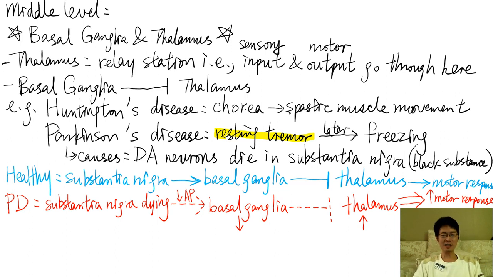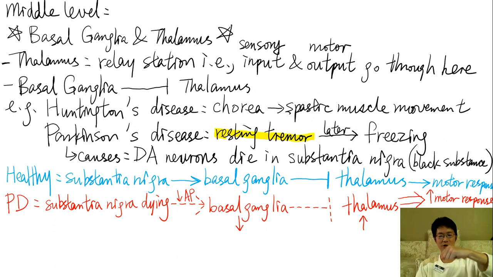Resting tremor is when a person is resting, not paying attention to his arm or leg, and then the arm and leg will start to shake. But the person can consciously and voluntarily inhibit the shaking. If he pays attention to his arm and leg, the tremor will stop.